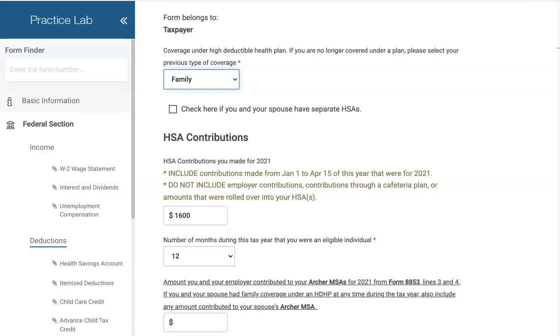If a taxpayer has a high deductible health insurance policy, and for 2021, the IRS defines that as a health plan with a deductible of at least $1,400 if it's an individual plan, or $2,800 for a family plan.